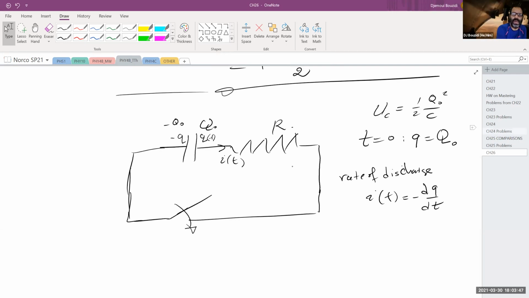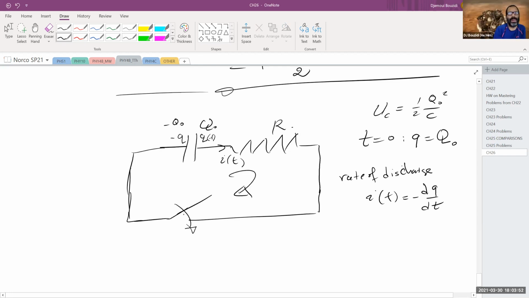I'm going to take a clockwise loop, and I'm going to take a starting point. Now I don't have an EMF anymore, so I need to start somewhere. So I'm going to start in here and come back to it clockwise. This is my starting point, and this is my finishing point.